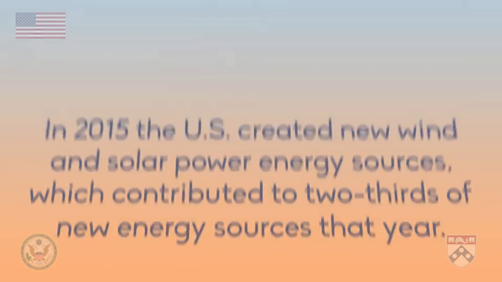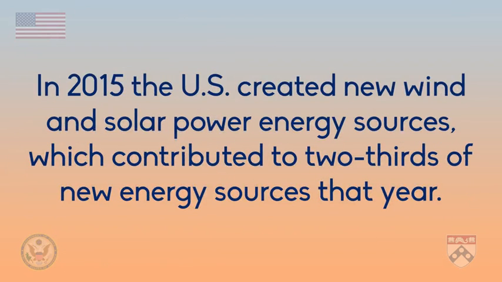To put it in our own words, we need to change the grammatical structure and vocabulary. For example, we could say, "In 2015, the U.S. created new wind and solar power energy sources, which contributed to 2/3 of new energy sources that year."